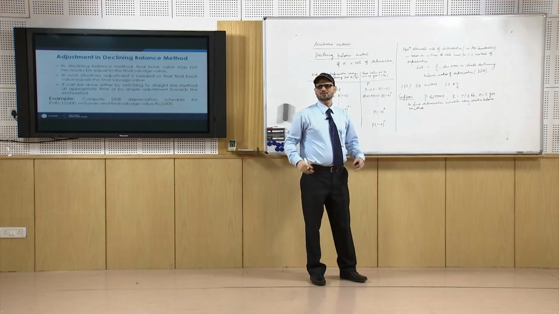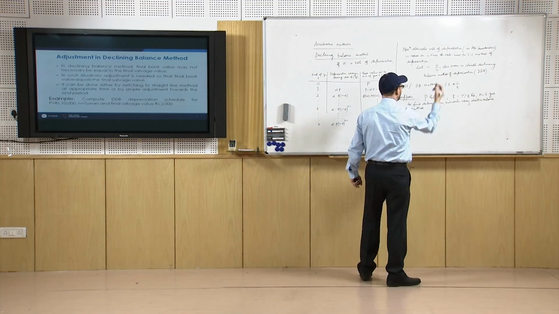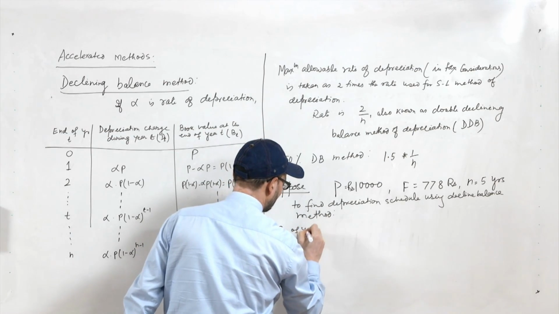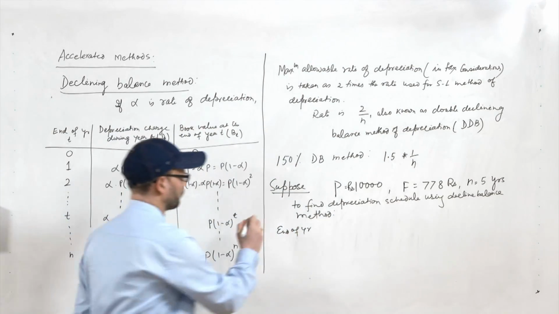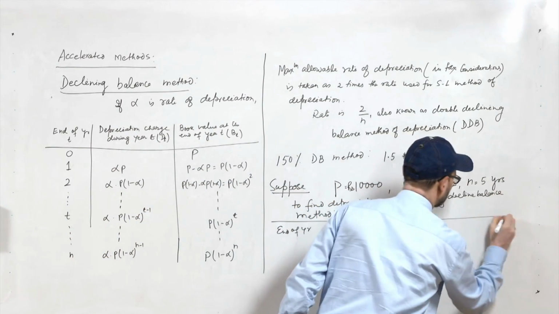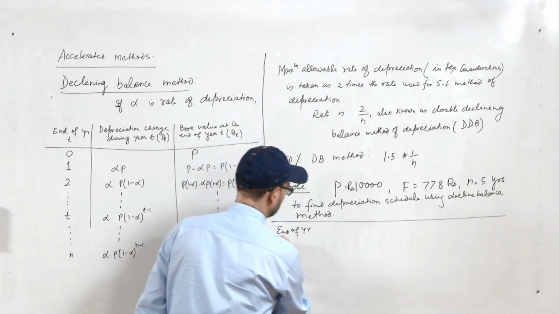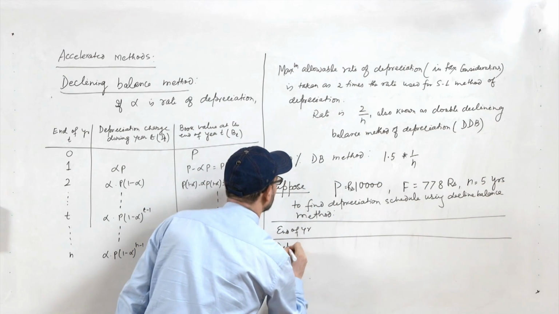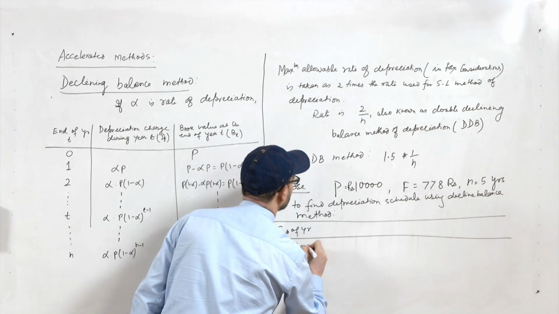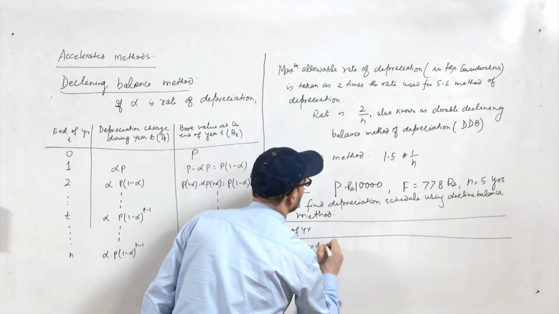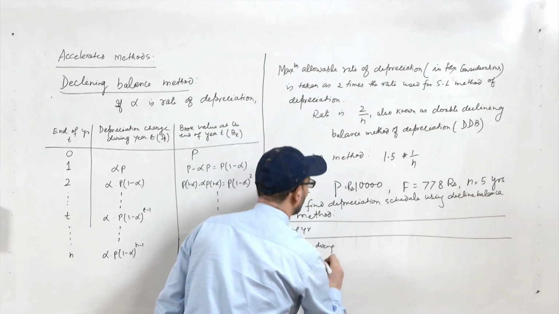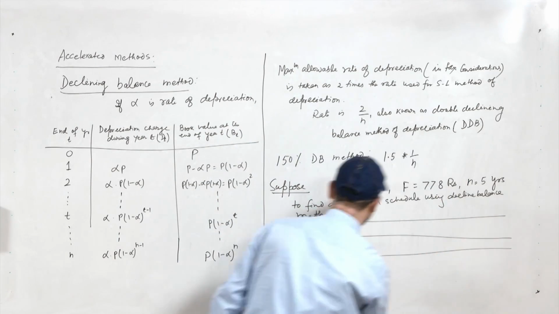So, what we will see is you have end of year, depreciation charge during year and book value at the end of year.